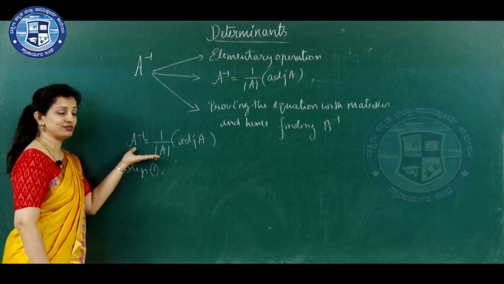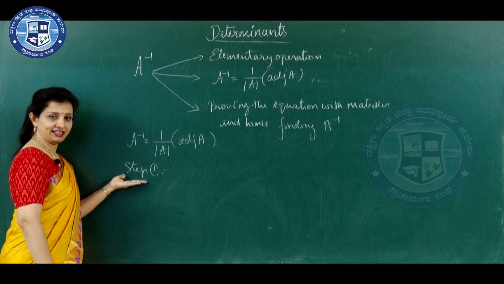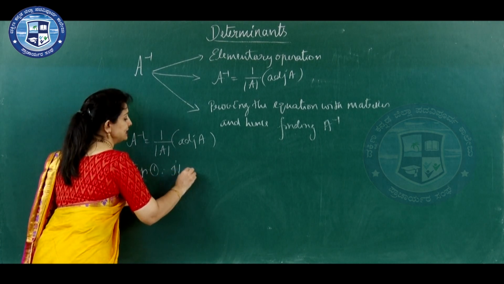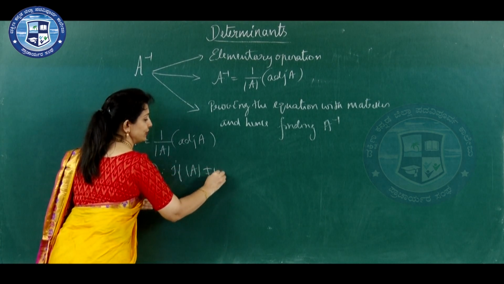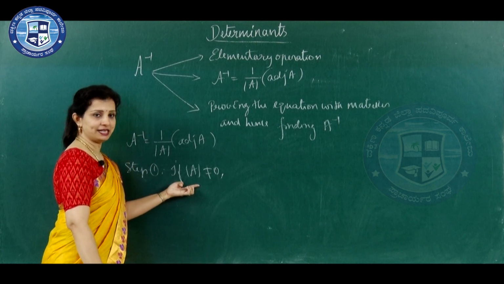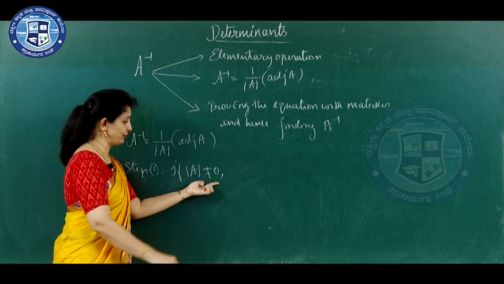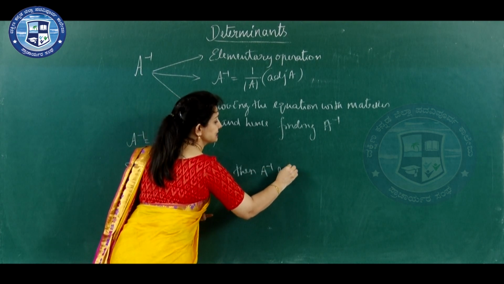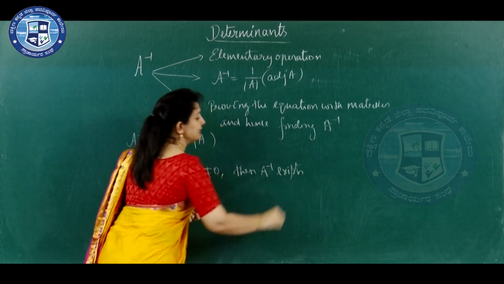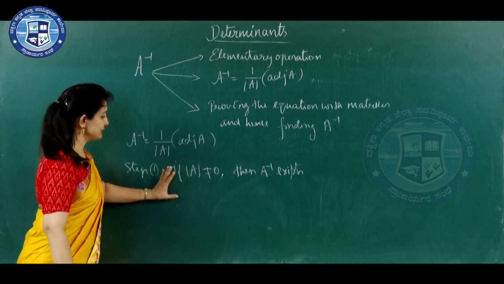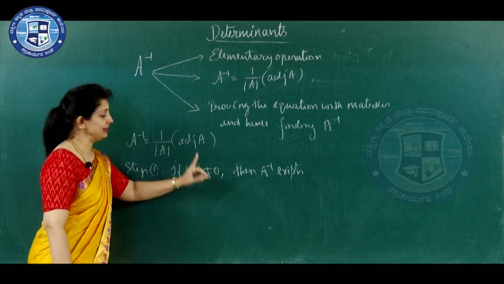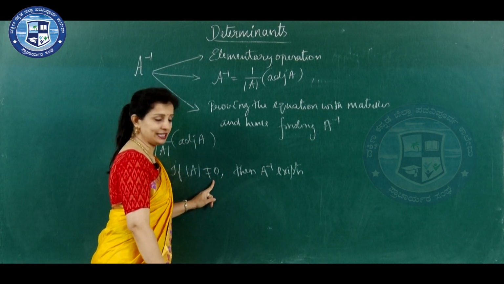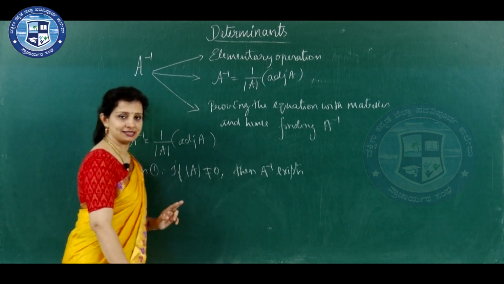So first, find the value of determinant A. Check whether it is not equal to 0, then A inverse exists.